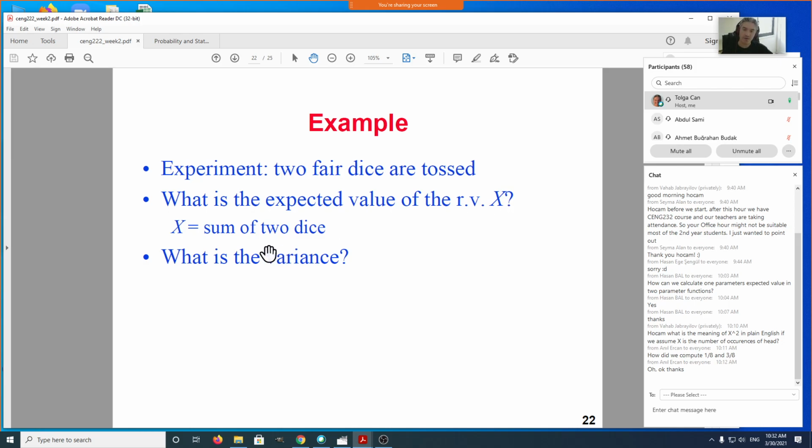Or can you also do something like this? The two fair dice are tossed. If I separate these two dice and the random variable on each of them, can I represent X as a summation of two other random variables? And if I compute their expected values individually, can I compute the expected value of the sum by using their expected values?